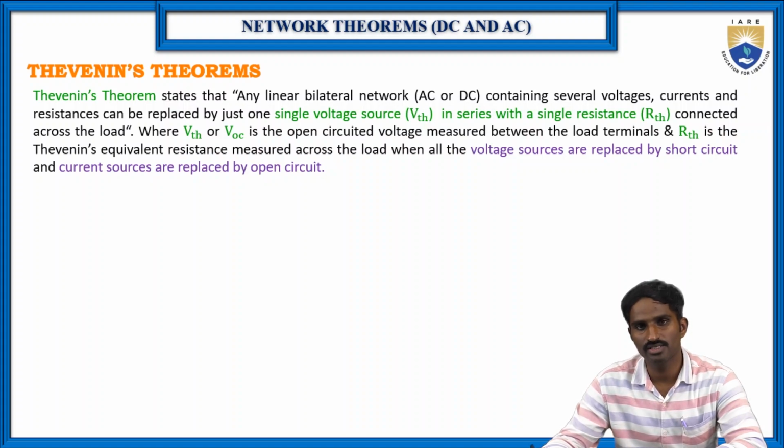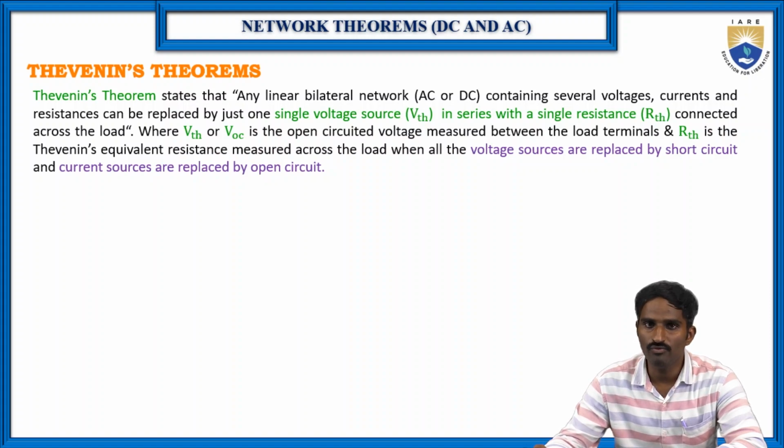That equivalent circuit consists of one single voltage source, which is called Thevenin's voltage source, or also the open circuit voltage source, in series with a single resistor, which is called Thevenin's resistor, connected across the load terminals. Load means the resistor through which we need to find the current. That is what we usually consider as the load.